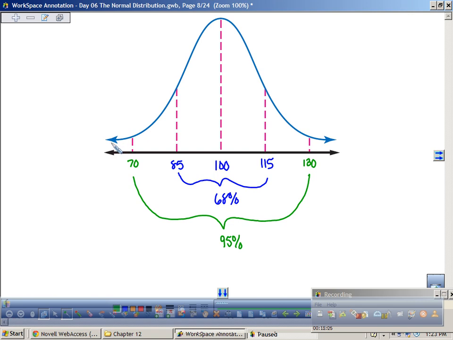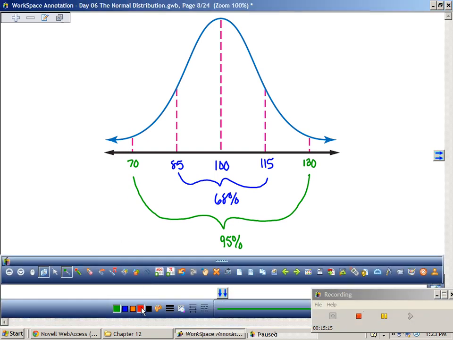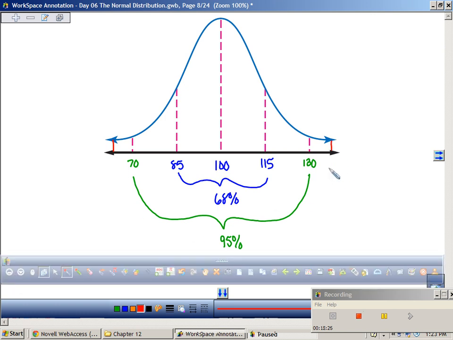I believe once you're classified as mentally disabled is around 60. Is 70 the cutoff? Somebody in the last class said 60, and I didn't look it up.